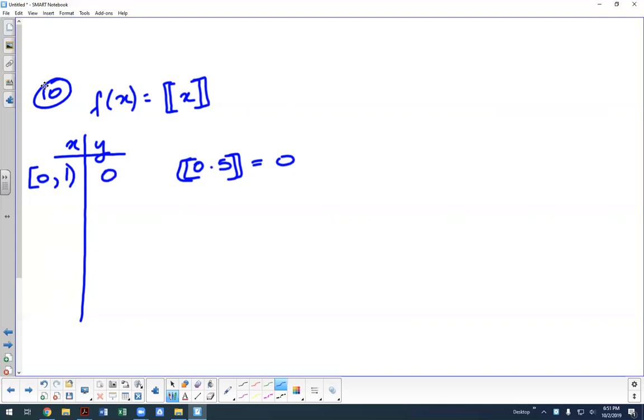So now we go from 0 to 1 to 1 to 2. And again, as a representative for this little interval, think 1.5. So what would that integer be? 1, yeah. All right, so go ahead, get a couple more intervals in there.